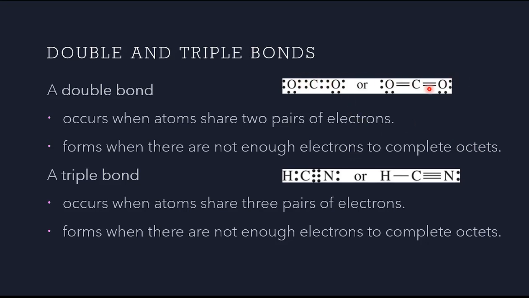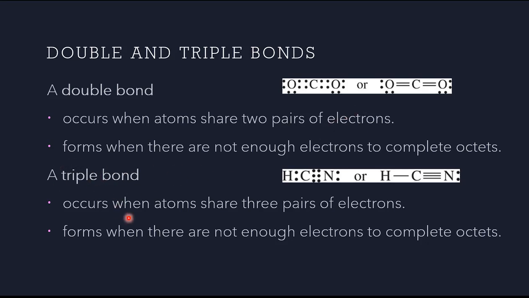So for example, if we look at carbon dioxide, the Lewis dot structure for CO2 looks like this, where this oxygen is seeing 8 electrons, the central carbon is seeing 8 electrons, and the other oxygen is seeing 8. Now because we have 2 pairs here and 2 pairs here, we would designate this as double bonds on both sides of the carbon between carbon and oxygen.